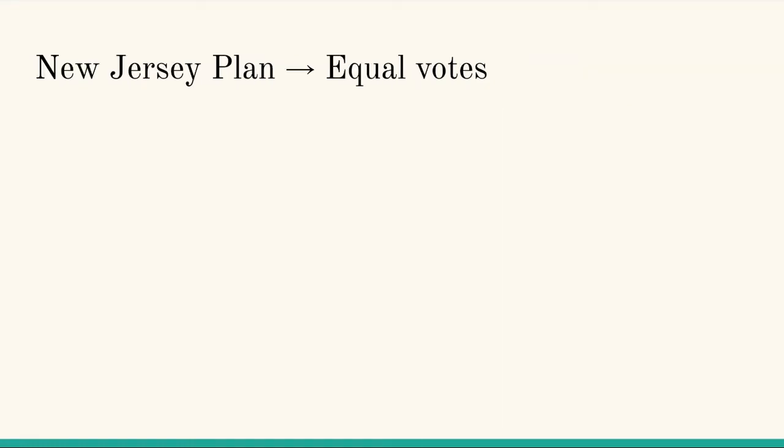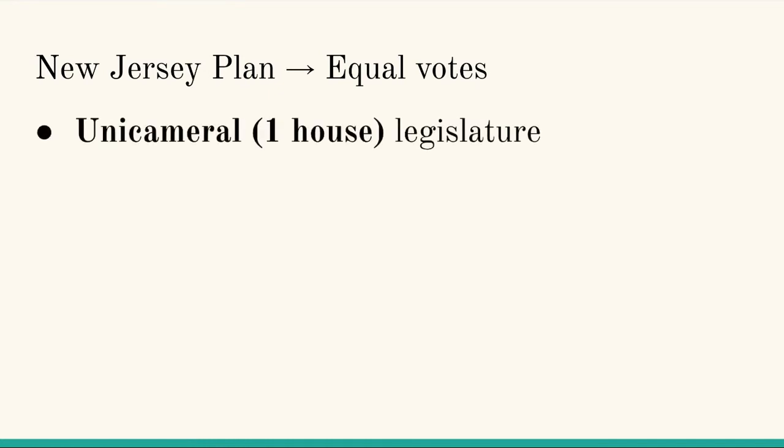The New Jersey plan is kind of the flip side of that coin. It's kind of going along with a system that was in place under the Articles of Confederation, which is like one state, one vote, or at least equal. Everyone gets the equal amount of votes. They don't think we need two houses of Congress. They want to keep it all in one organization.